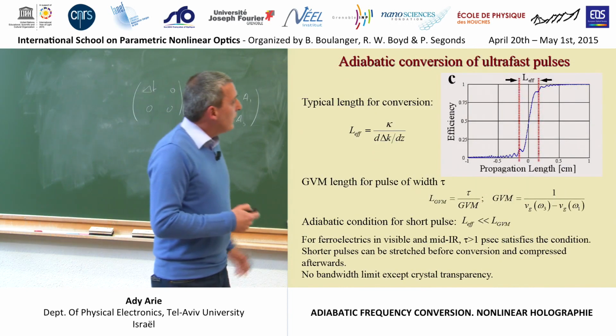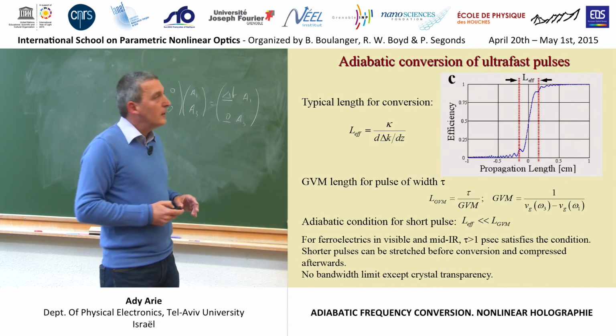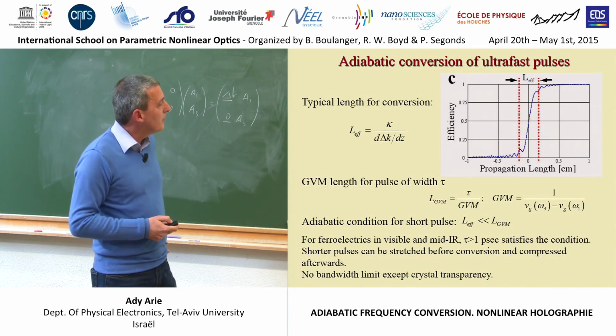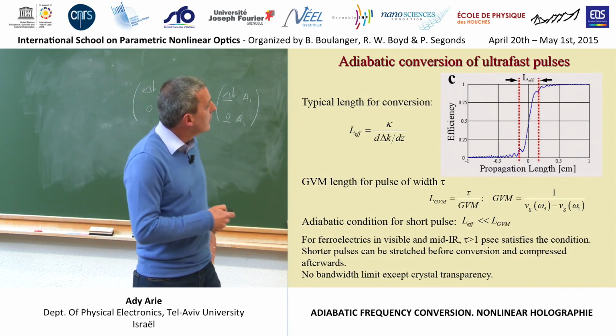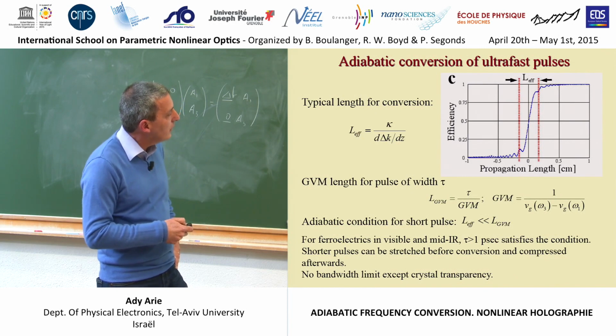Okay, then so far we assumed that everything is CW, but what happens if there is a short pulse? In fact, there are two length scales. One is the length scale for this process. So we go from omega 1 to omega 3.